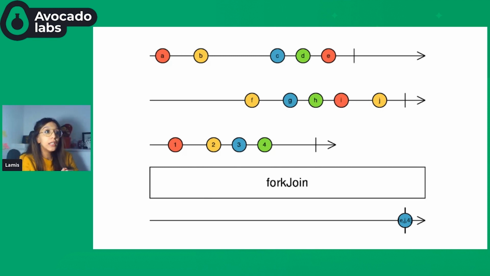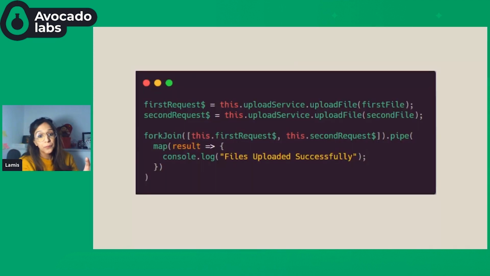I don't need to see what happened in every upload of every file. So this is the idea, and forkJoin here really meets my need, because I need to combine the streams of observables and get the result of the execution at the end.